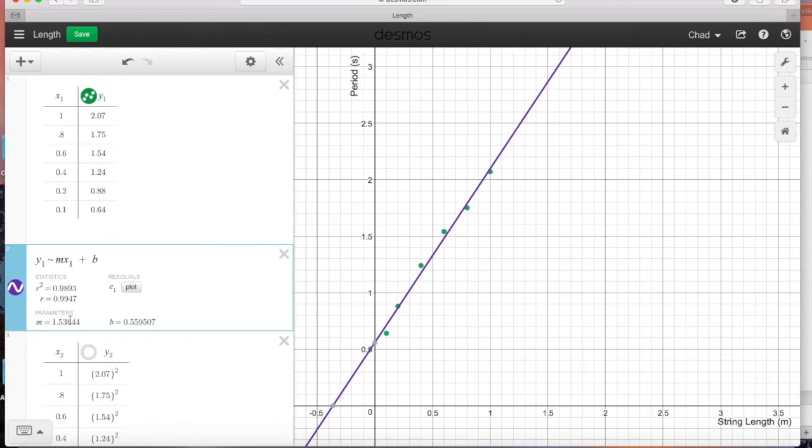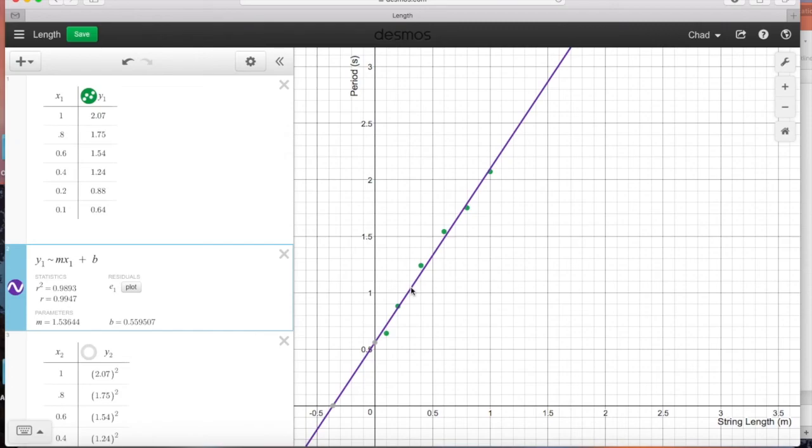What this really means is that for every one rise in the x value, the y value goes up 1.53. So if we go over 1, the y value will go up about 1.5.